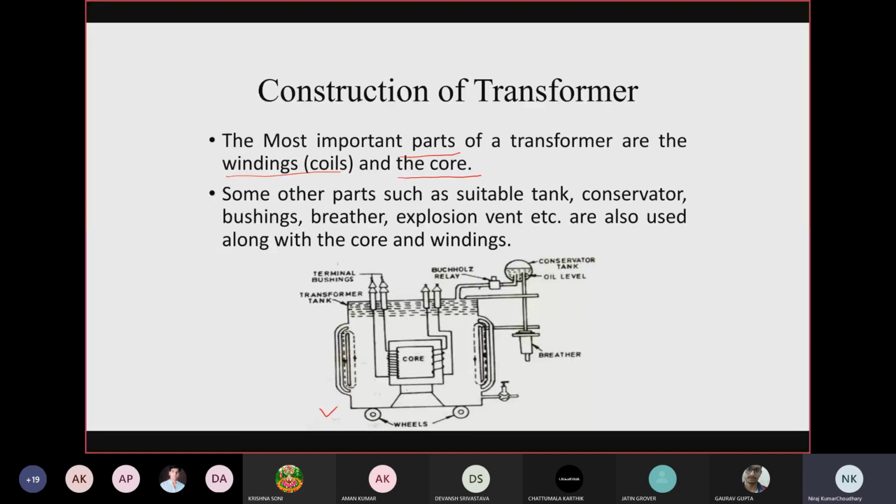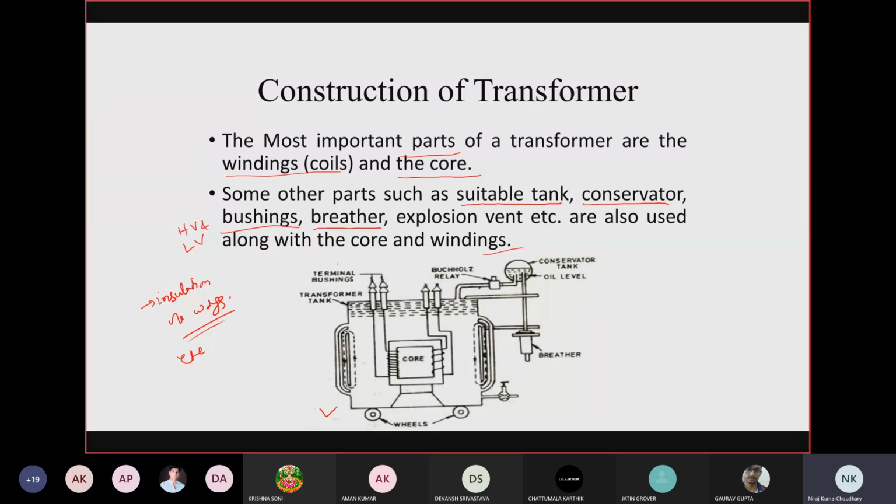Apart from these two components, there are other parts also, such as the transformer tank, conservator, breather, bushings, both high voltage and low voltage bushings, explosion vent, and insulation of the windings, etc. These are also used along with the core and both types of windings in a transformer.